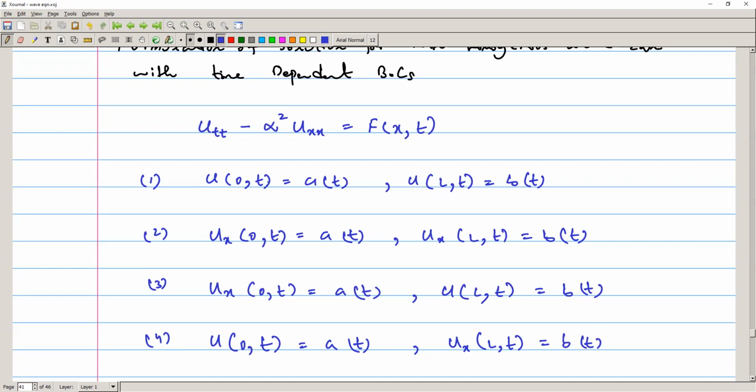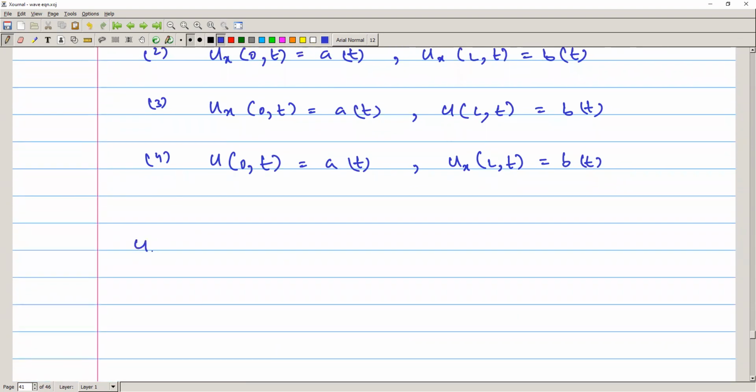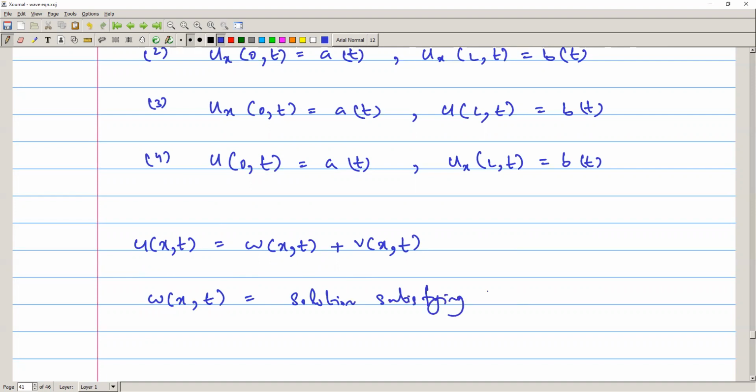So if an equation is given with the boundary conditions, then we know that for these types of equations, we have the solution of the form w(x, t) plus v(x, t), where this w(x, t) is a solution satisfying the boundary conditions, and then v(x, t) is equal to u(x, t) minus w(x, t).